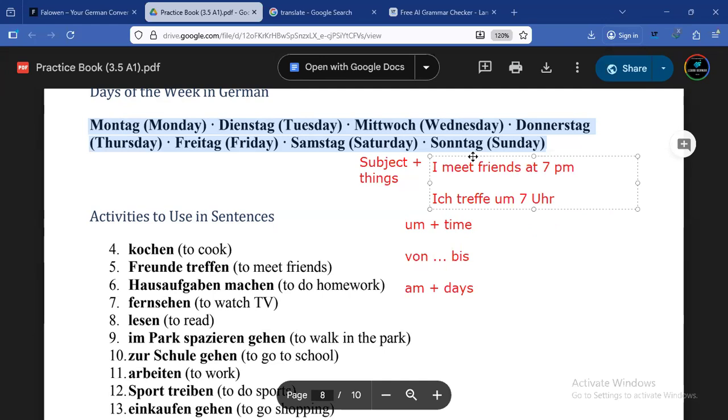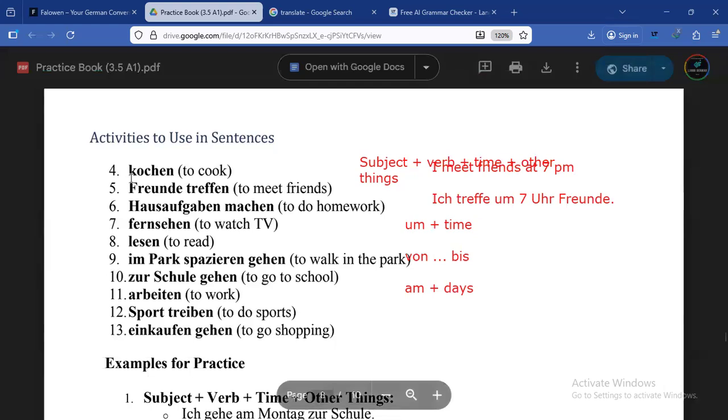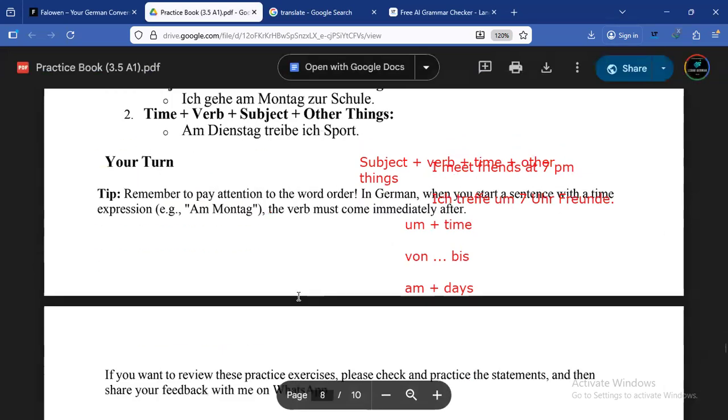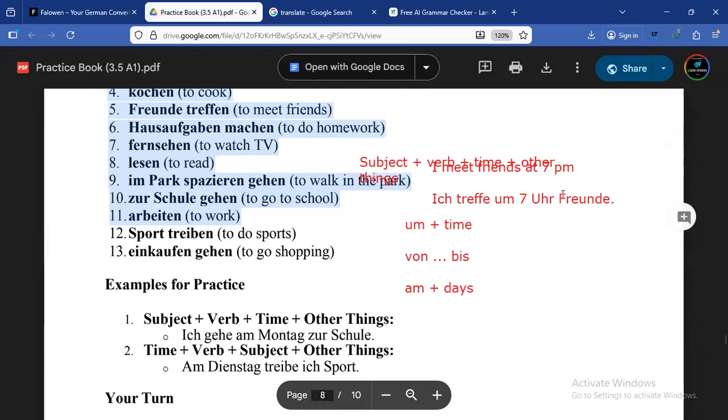You put your Freunde here. So: Ich treffe um sieben Uhr Freunde, and it's going to match this rule here. That's what you use to arrange these ones here. And I will check it tomorrow before we progress to what we are going to do.